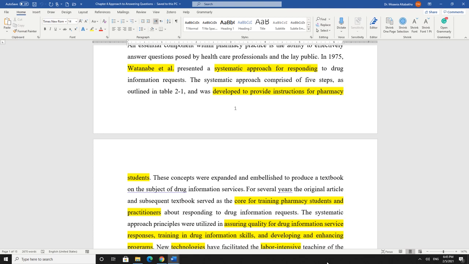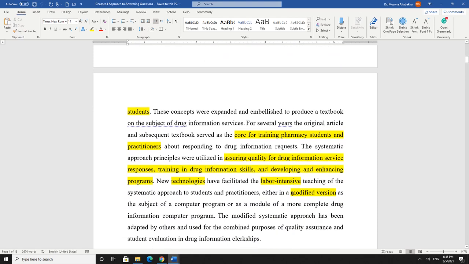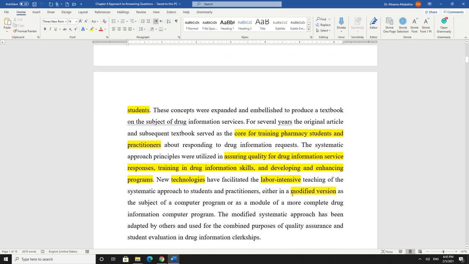Watanabe et al. expanded his steps and he published a textbook in this matter, and this textbook was used for so many years, and the principles of this systematic approach were allowing to quality assure the drug information service and to train in drug information skills and to enhance the program.